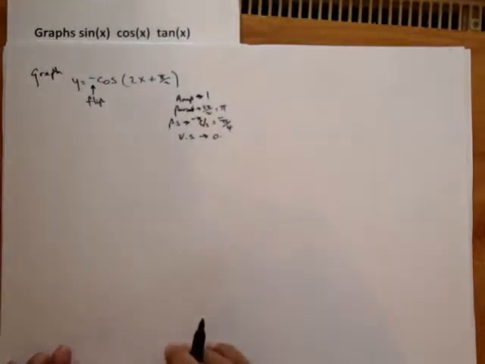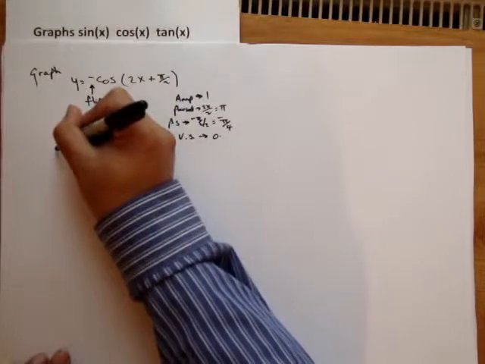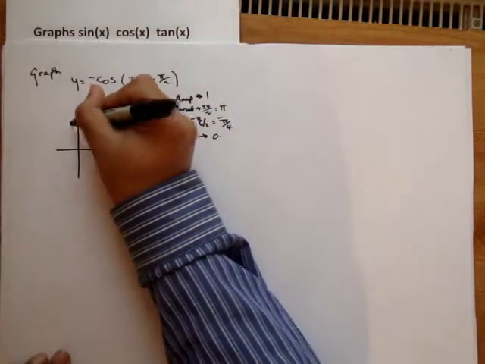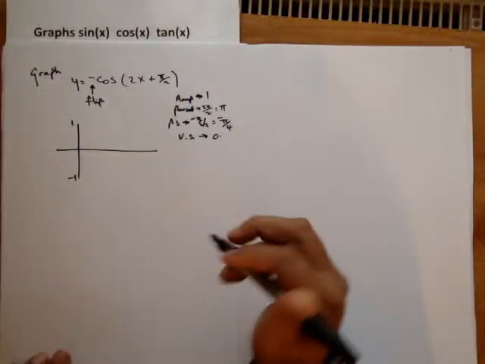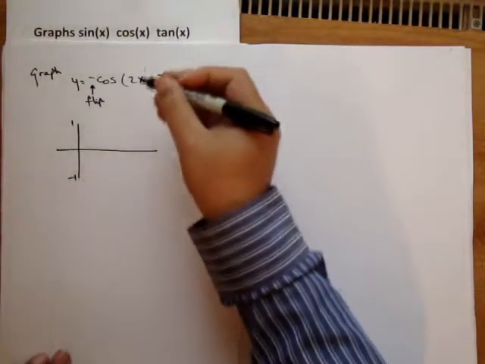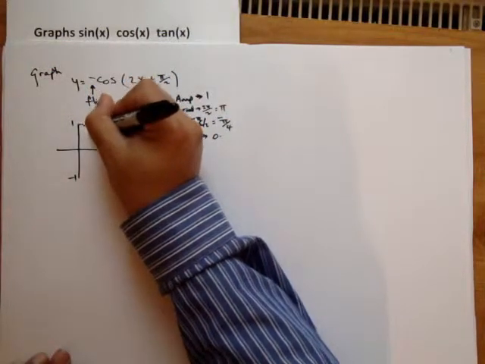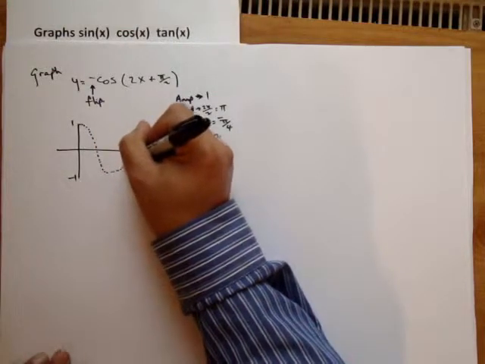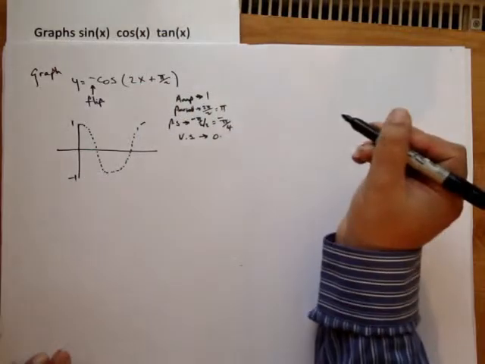So first of all, let's draw in our amplitude. Amplitude is 1, minus 1. Now our flipped cosine curve looks something like, goes around and back up here.